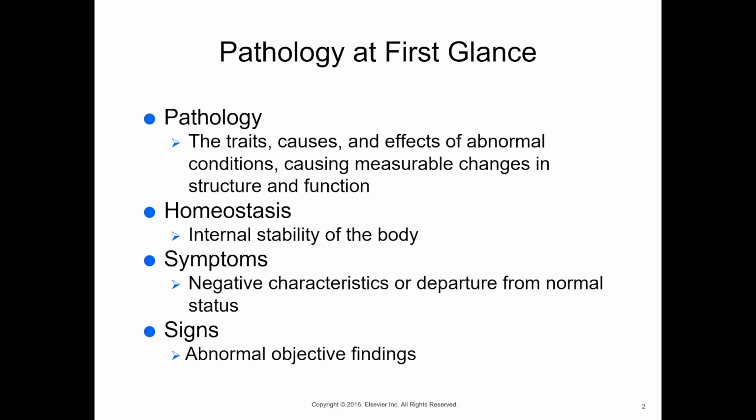Typically, the signs of a disease correlate with symptoms. So symptoms, remember, are the negative characteristics that result from departure from homeostasis or the body's internal balance, whereas signs are things that are objectively able to be found, right?